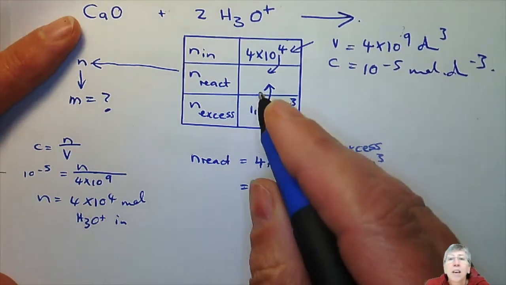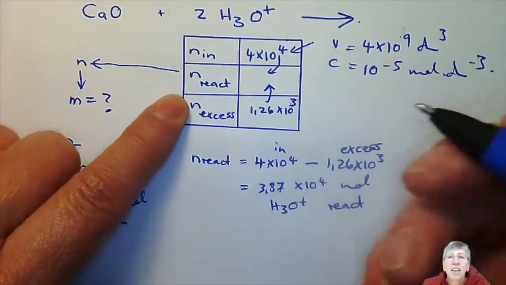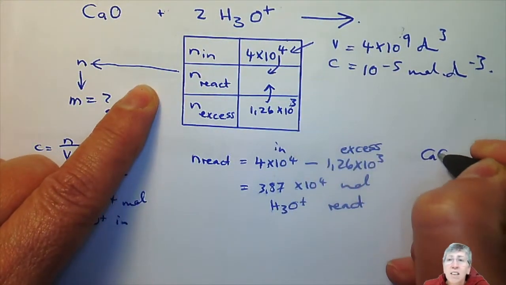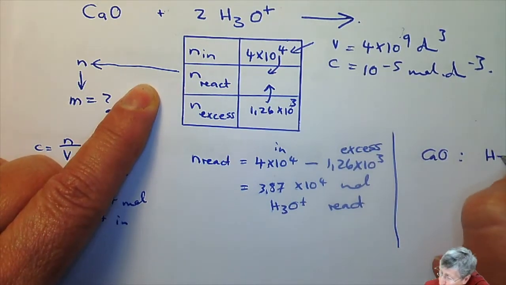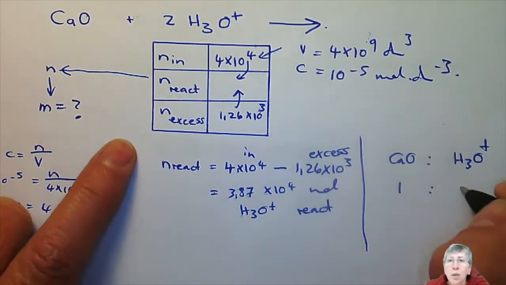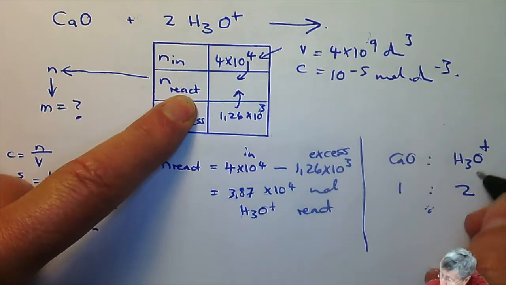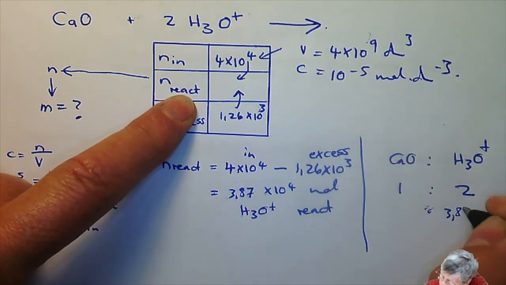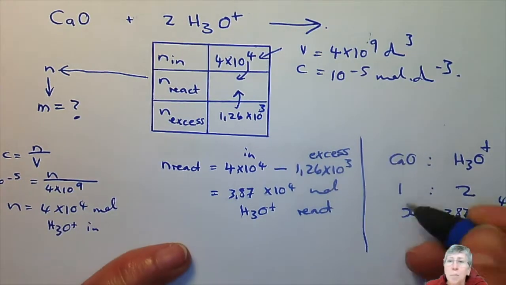Right. Now I'm working from there to there. Now from there to there is a ratio. So I have to say calcium oxide always reacts with H3O plus in the ratio of 1 to 2. Right. And I know how many of the hydronium ions. There's 3,87 times 10 to the 4th. I am looking for this. That will just be divide by 2.